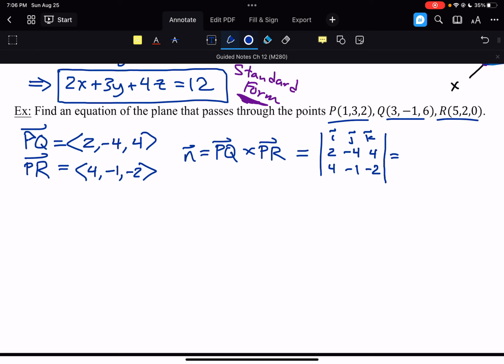And if you run the computation on that cross product, we end up getting 12I plus 20J plus 14K. And that gives us our normal vector. So normal vector is right here.